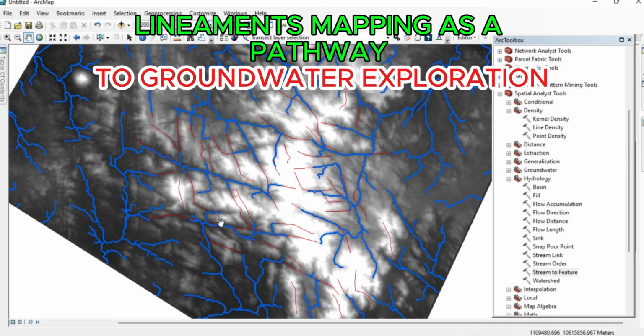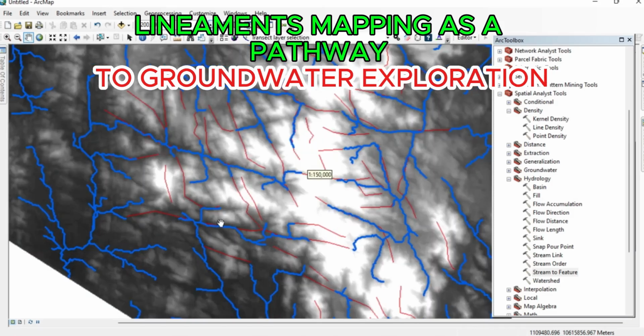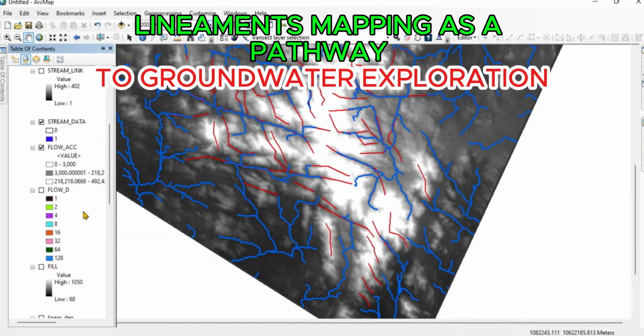You can see the movement, how the lineaments intersect with the streams, with the drainage systems, and this can also be used to determine the aquifers, the groundwater levels. You can see how they are connected to each other, the stream direction, the stream flow directions, and the lineaments, how they are connected to each other, how they cut across each other.